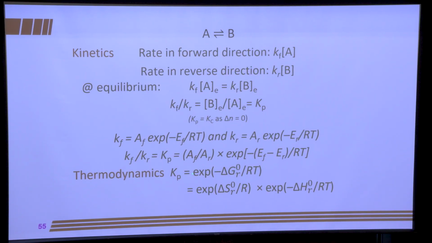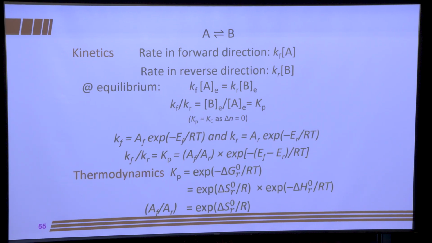So we have Kp is equal to e to the delta S over R times e to the minus delta H over RT. But we know that Kp is equal to A forward over A reverse times the exponent of minus (E forward minus E reverse) over RT.